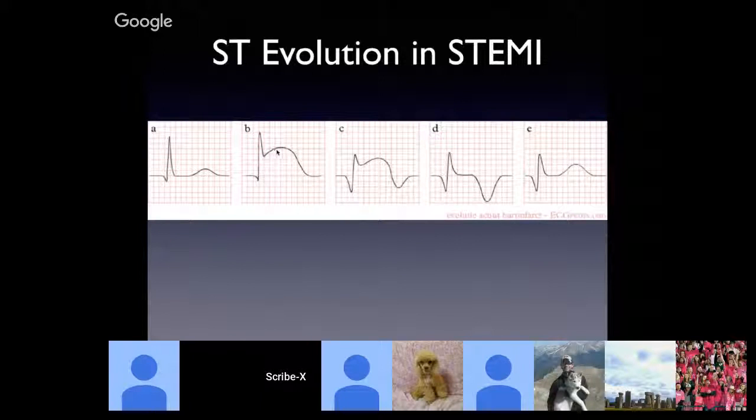Your ST will start to rise. And then your ST rises in different shapes, which are very ominous. And then eventually your ST segment comes back to normal after your heart muscle has died a little bit. You have these residual T-wave inversions, and then you go back to normal.